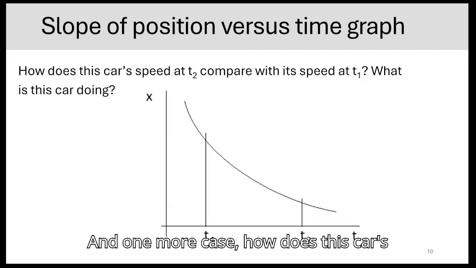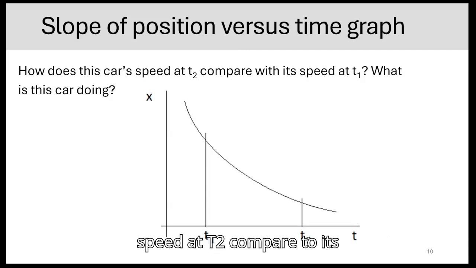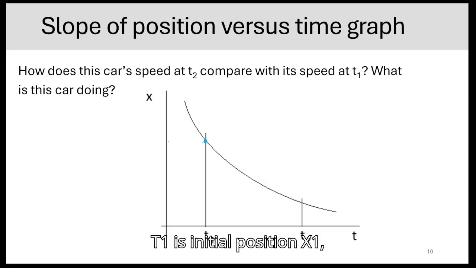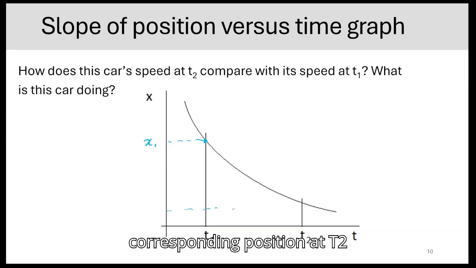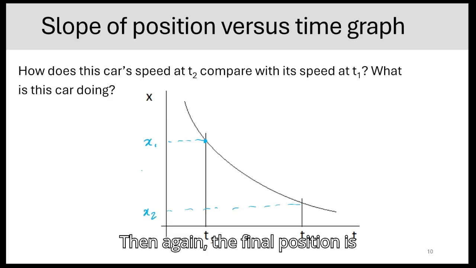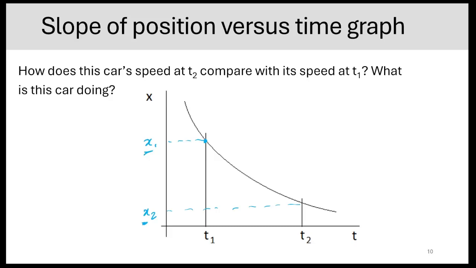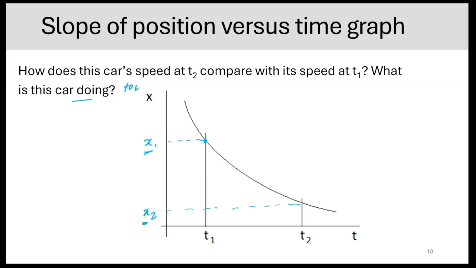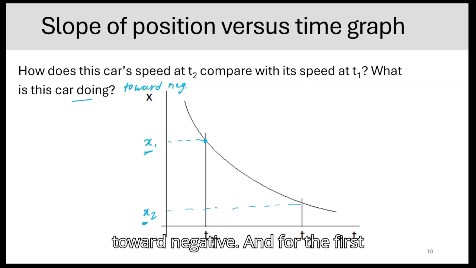And one more case, how does this car's speed at t2 compare to its initial speed at t1? The corresponding position at time t1 is initial position x1, corresponding position at t2 is final position x2. Then again, the final position is smaller than initial position, so our answer for the second part is negative.